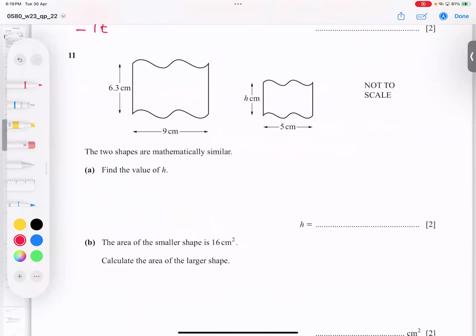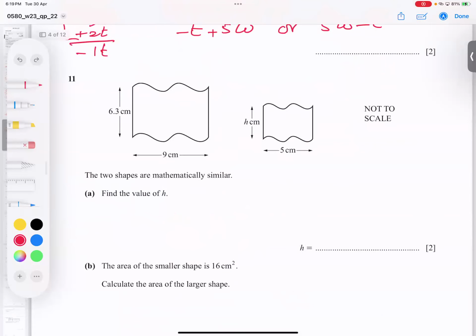Question number 11, he said mathematically similar. When similarity comes, this is a very favorite topic for the exam, paper 2 especially, and paper 4 as well. Whenever similarities come, we have 3 special formulas which I'm writing for you for quick revision. Formula 1: length of small by length of large, equals height of small by height of large.